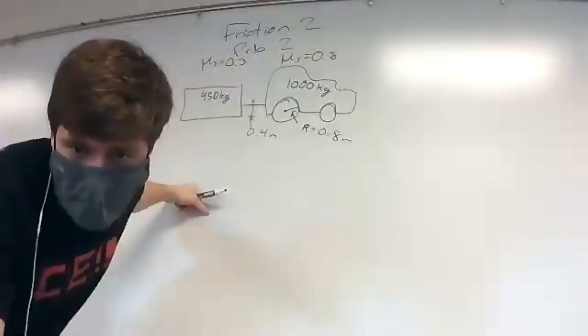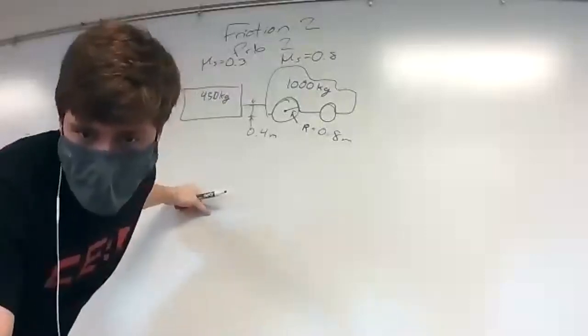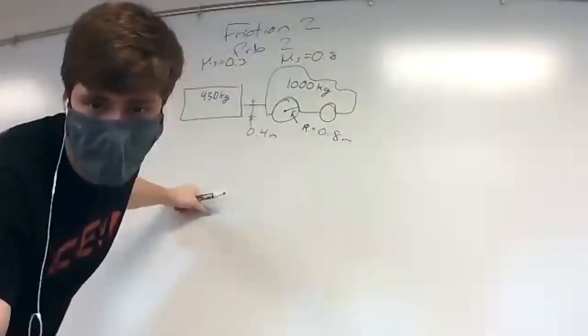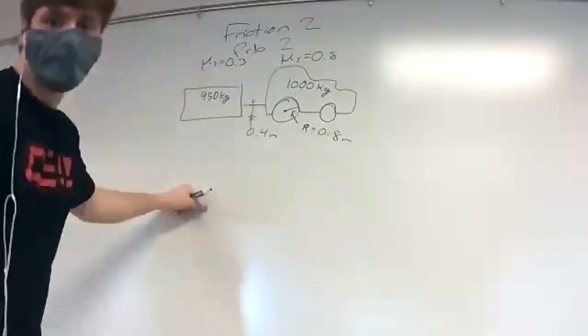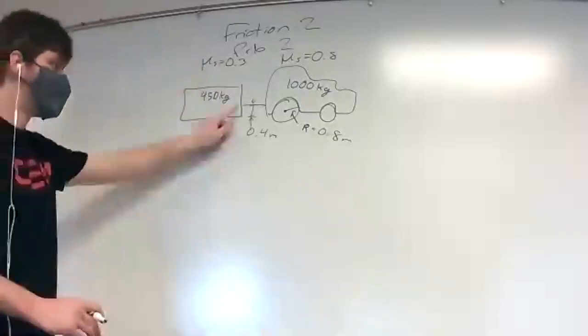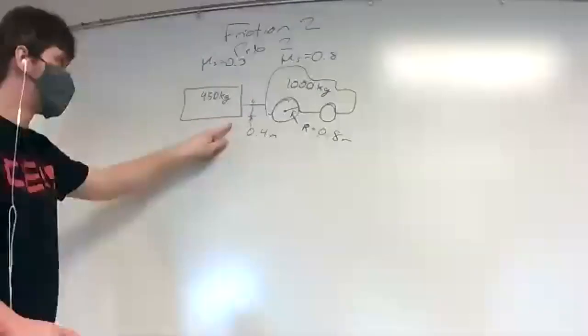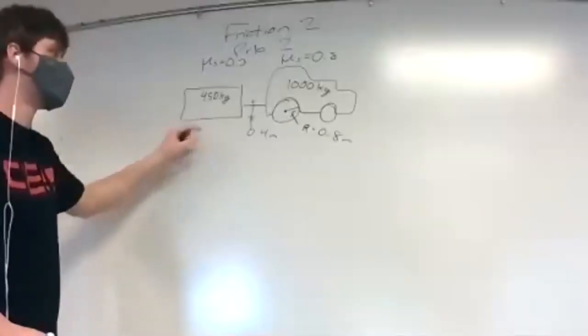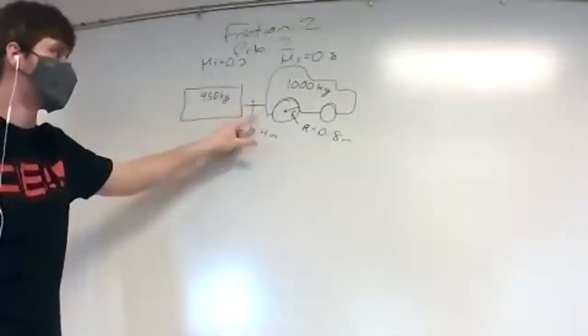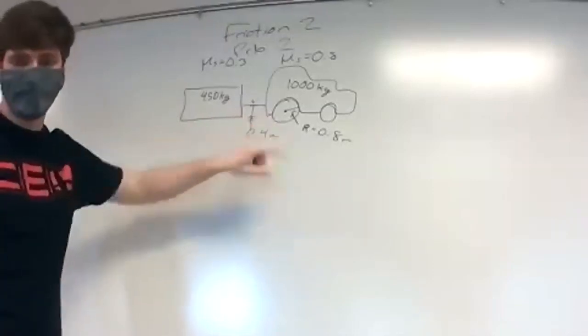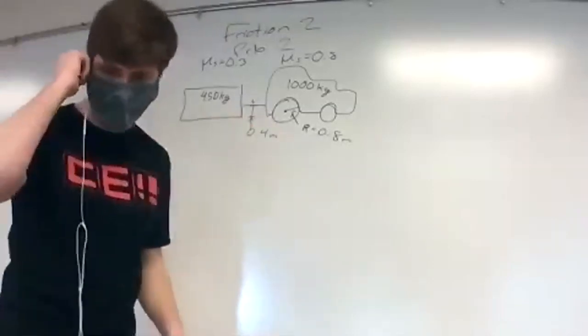What torque must the tractor's engine exert on the rear wheels to cause the crate to move? So what we need to do first is find the force that's going to cause this crate to move. And then we can take that force and turn it into the torque needed for the tractor on the tire.